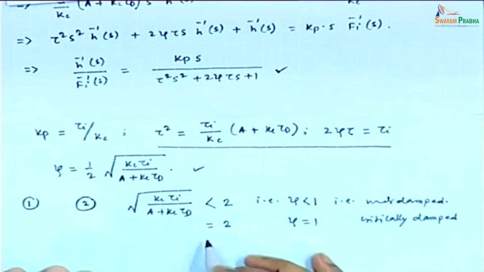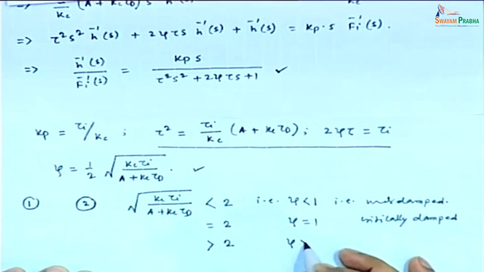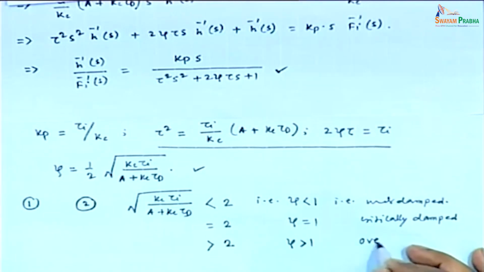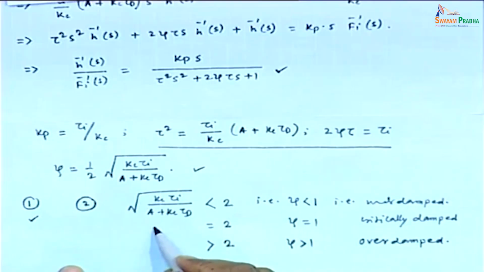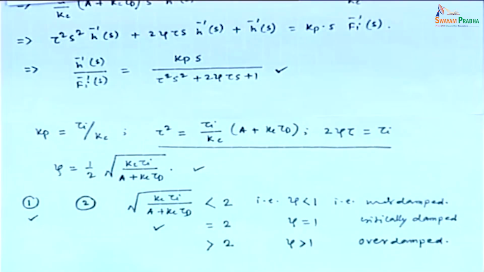Similarly, if this is greater than 2, then zeta is greater than 1, then it is the case of overdamped response. So, the overall response becomes second order, and it may be overdamped, underdamped, or critically damped depending on the value of zeta. Thank you.